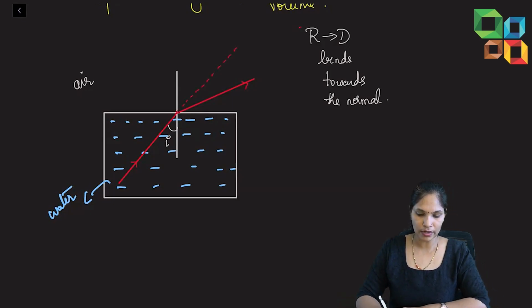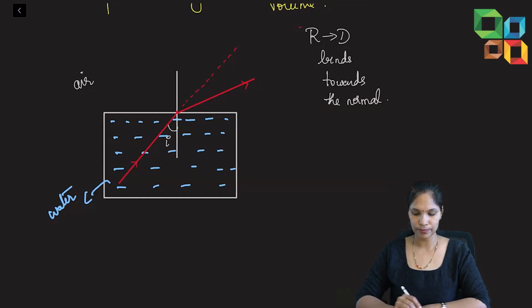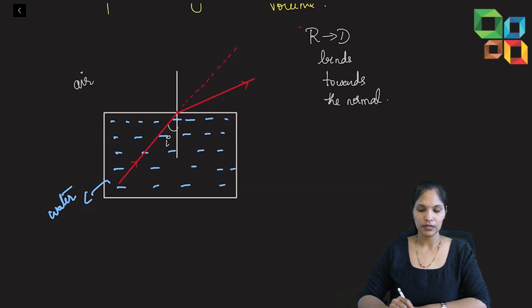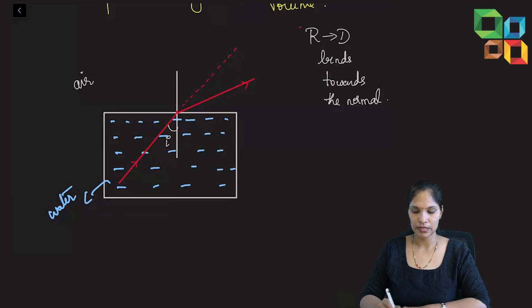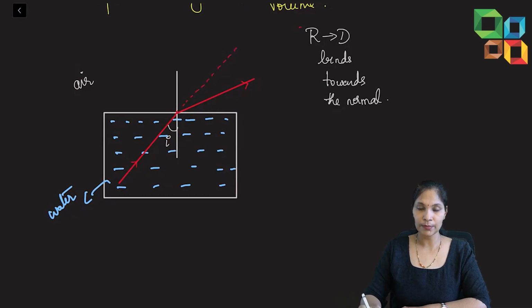So if it had gone like this, along the dotted line, then it would reach early because it's already faster, right? So it will change the route, it will bend further, to reach that particular border. If I say this is a border, it will take the given time only, not more time.